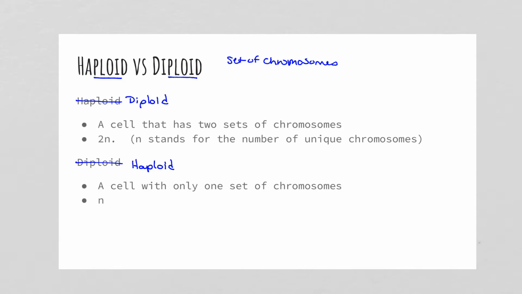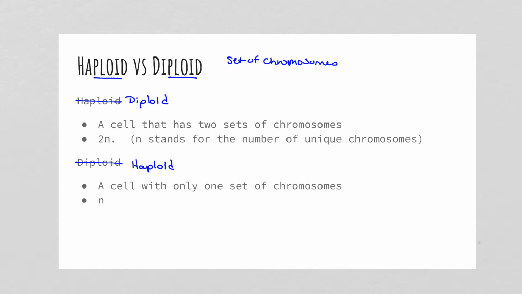And when we deal with that, we're talking about the ploidiness of that organism. So if you're a diploid, you are either an organism or a cell that has 2 sets of chromosomes, and we usually symbolize it with a 2N. The N represents the set. 2 means 2. And again, this is how we represent the diploid organisms.